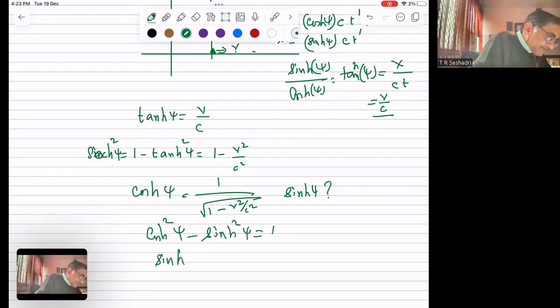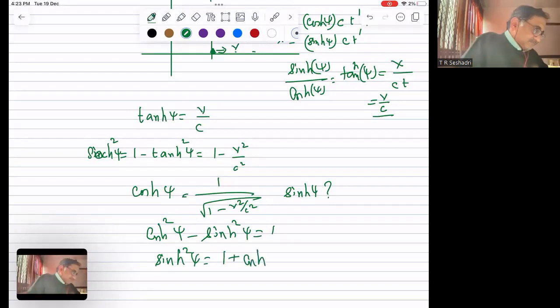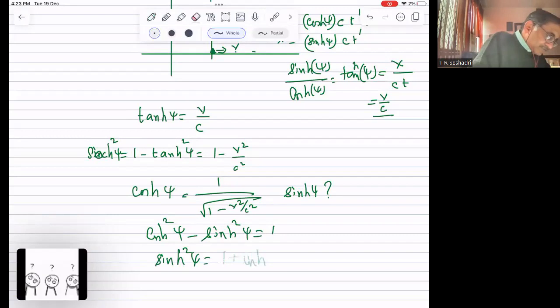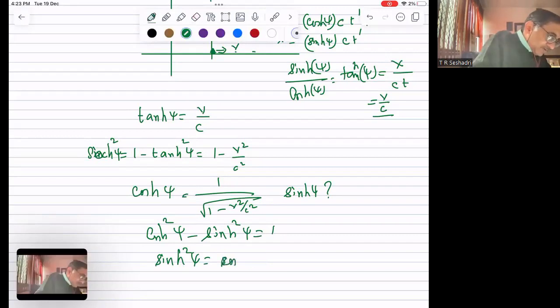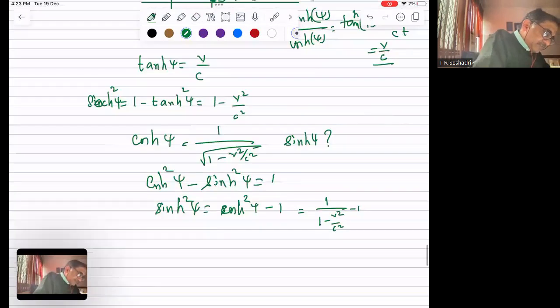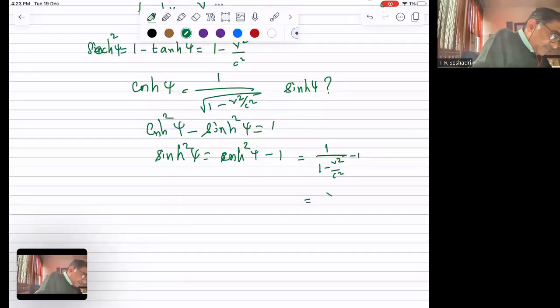So sine hyperbolic square psi is equal to cos hyperbolic square psi minus 1, which is equal to 1 by 1 minus v square by c square minus 1, which is equal to v square by c square by 1 minus v square by c square.